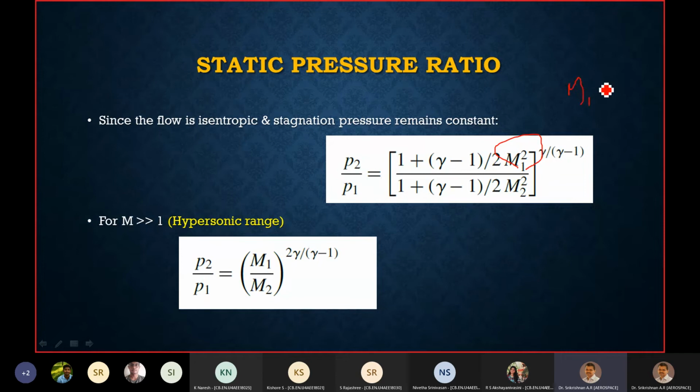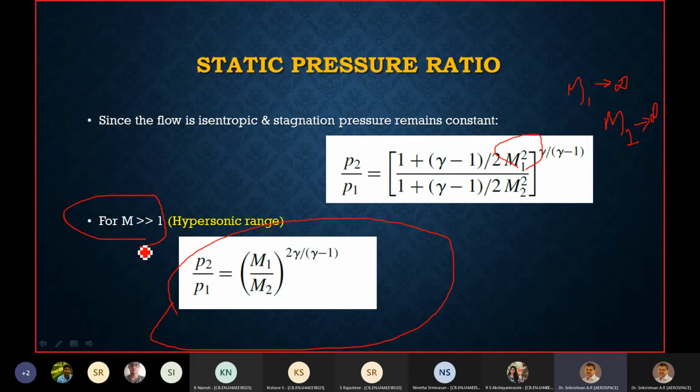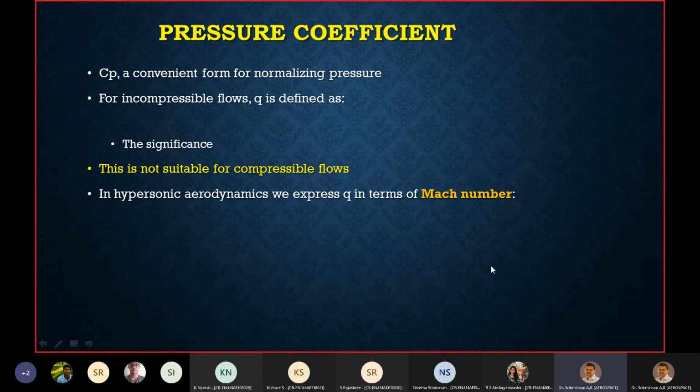So M1 tends to infinity, M2 also tends to infinity because M2 is anyway going to be higher than M1. It's an acceleration. So when you substitute that here, we can show that P2 by P1 becomes (M1 by M2) to the power of 2 gamma by gamma minus 1. That is the static pressure ratio across the expansion fan as m tends to be very high: (m1 by m2) to the power of 2 gamma by gamma minus 1.